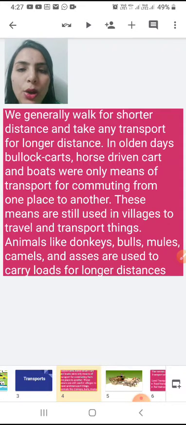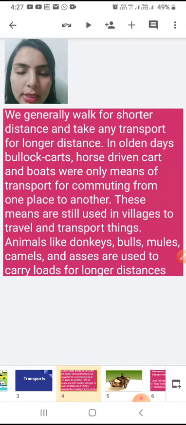See here, we generally walk for shorter distance and take any transport for longer distance. In olden days, bullock carts, horse-driven carts, and boats were the only means of transport for commuting from one place to another.